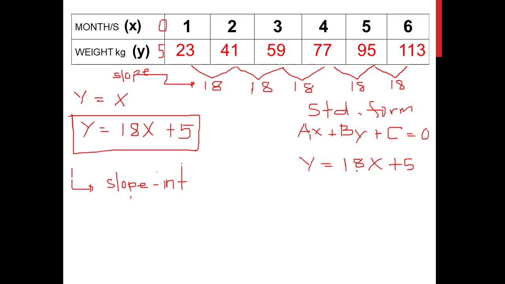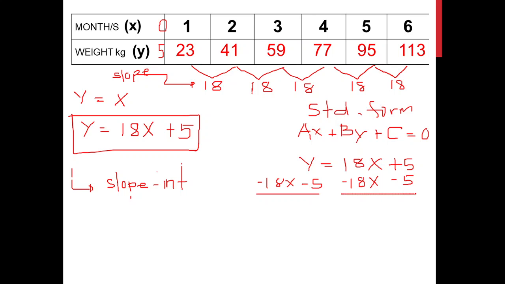So again, all we need to do is to transfer everything here on the left side of the equation, then equate everything to 0. So again, we'll use the additive inverse. Since 18x is positive, let's add a negative 18x here. Since 5 is positive, let's add a negative 5 here. And also, let's add a negative 18x and a negative 5 here on the other side of the equation.